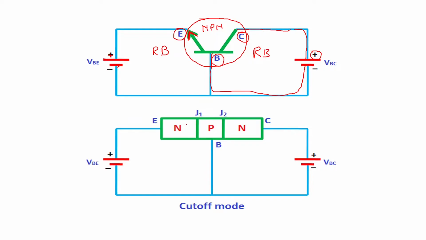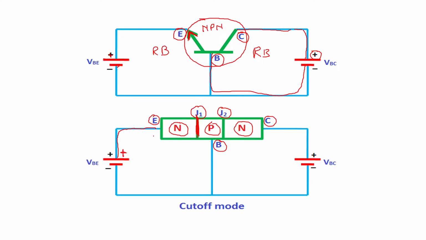So here you can see a structural diagram. Instead of the symbol, we will use the layers. Here you can see an NPN transistor. This is N, this is P, this is N. This is your emitter, this is base, this is collector, this is your first junction J1, this is your second junction J2. If you see the first junction J1, that is this one. This emitter is connected to the positive of a battery.